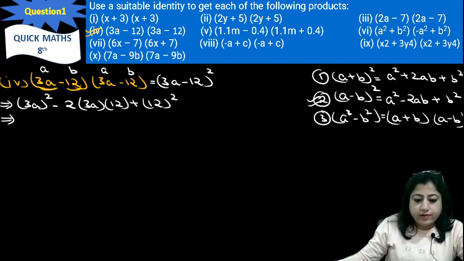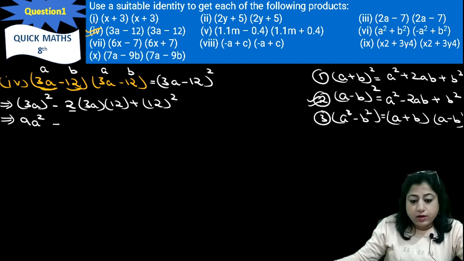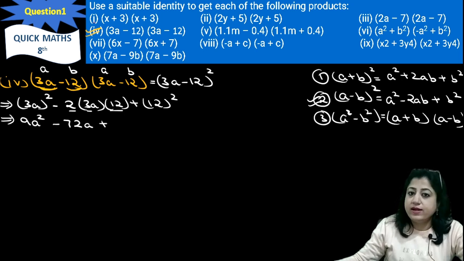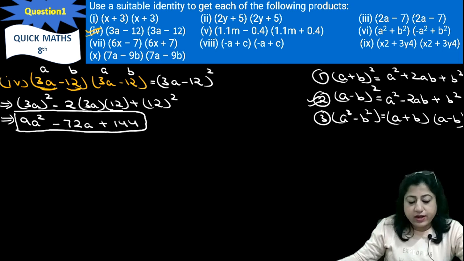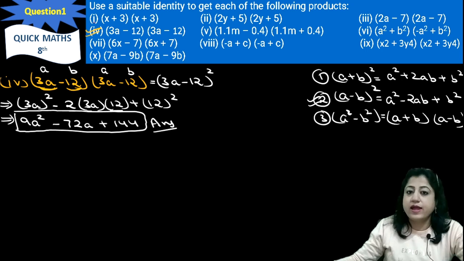So it will be 3a whole square, means 3 square is 9 and a square is along with it, minus 2 times 3 is 6, 6 times 12 is 72, so it will be 72a plus 12 square means 12 multiply 12, it will be 144. The square of 12 is 144. So this is the required algebraic expression that we have obtained using the second identity because of the minus sign between the whole square of two numbers.